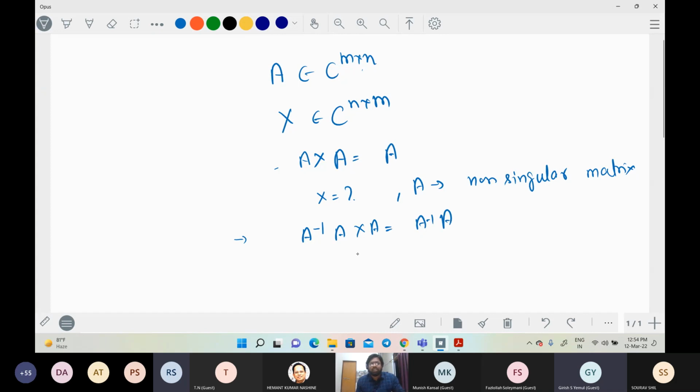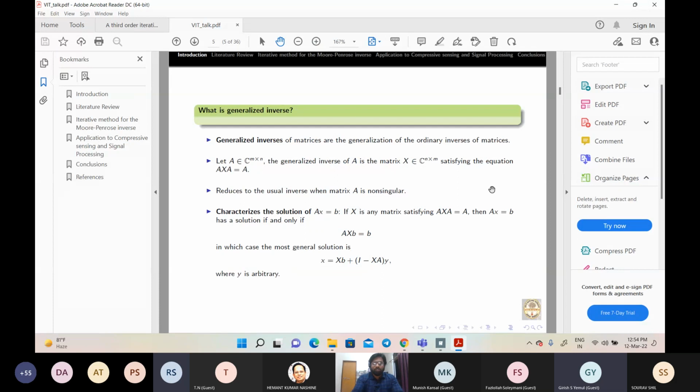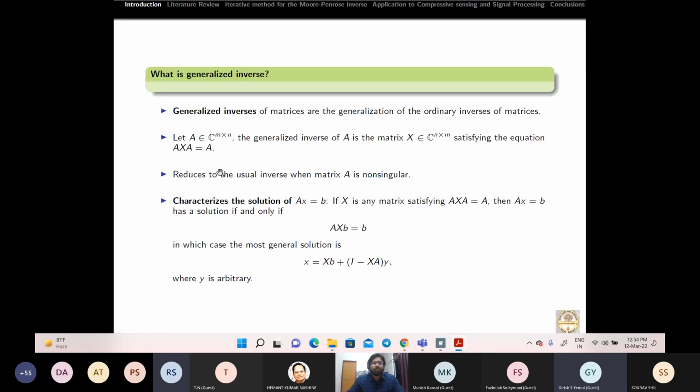So here we got XA equal to identity, or I can say this X is equal to A inverse. So what are we saying here? If A is a non-singular matrix, a matrix having an inverse, then its generalized inverse X is nothing but the ordinary inverse. Because of that reason, we may call it generalizing the ordinary inverse of a matrix. So this is one reason for saying this.